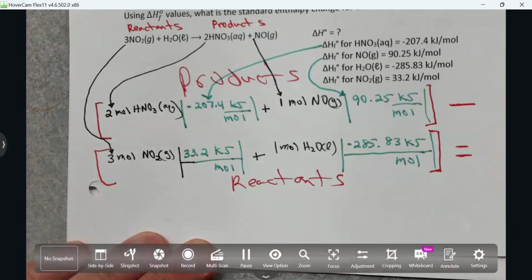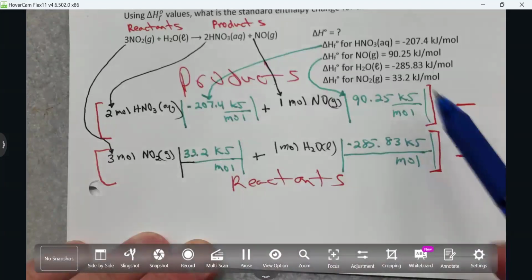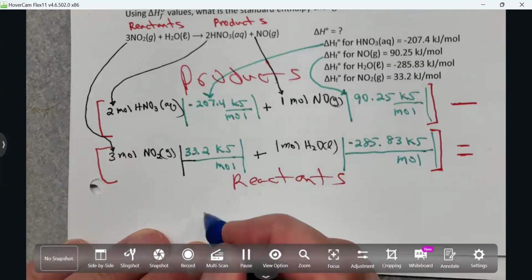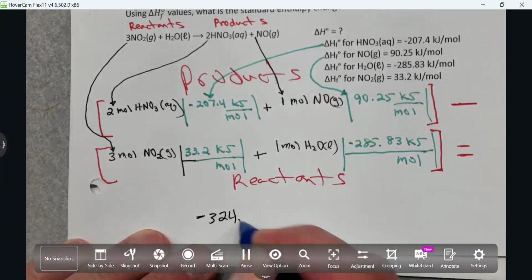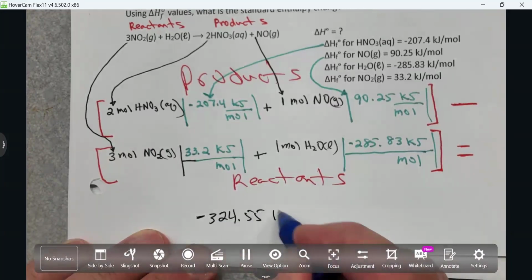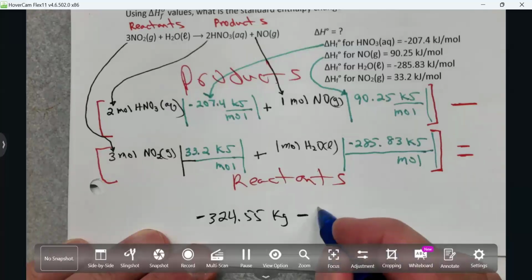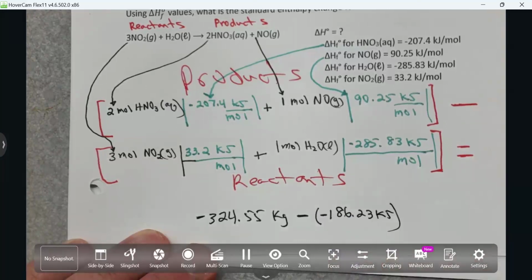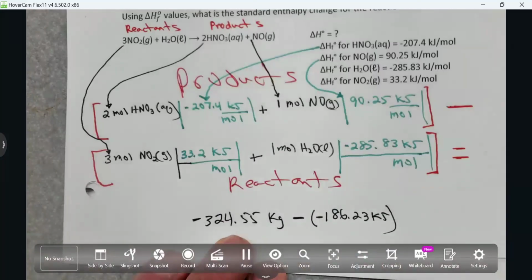And product side, you can do this all with your calculator. I would use a parenthesis in my calculator maybe, but minus 324.55 kilojoules, minus, minus 186.23 kilojoules if you did it separately. Products minus my reactants.